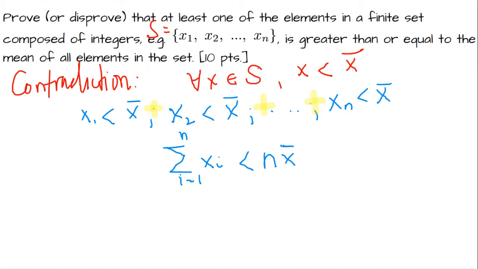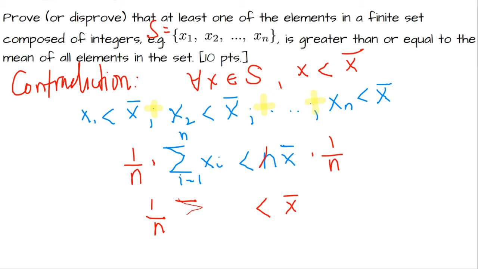If you multiply this with 1 over n, this will cancel the n, and we will get the mean being greater than the mean. So this is now a contradiction.